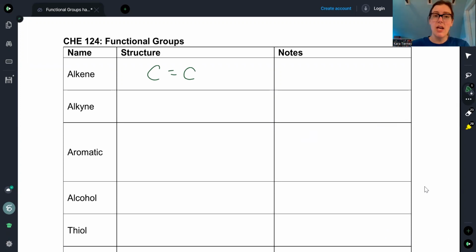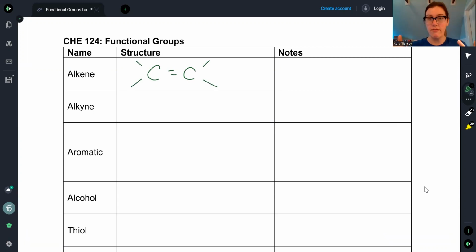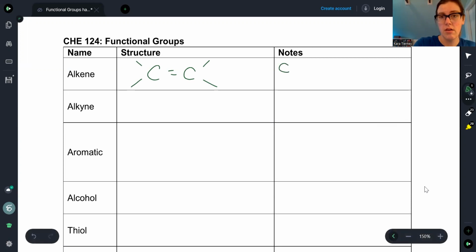They could be hydrogens, strings of carbons, but this is the part of the molecule that we are going to be identifying. And we're going to remember how our atoms bond within a molecule. So carbon is in group 4A, which means it bonds 4 times characteristically. So each of these carbons are going to have at least 2 atoms coming off of each. All right, so basically this is a carbon-carbon double bond.